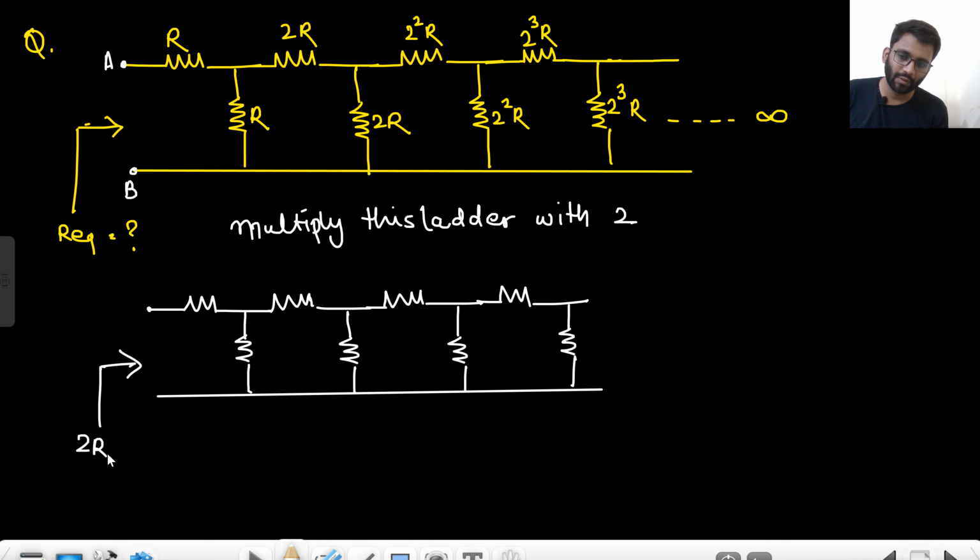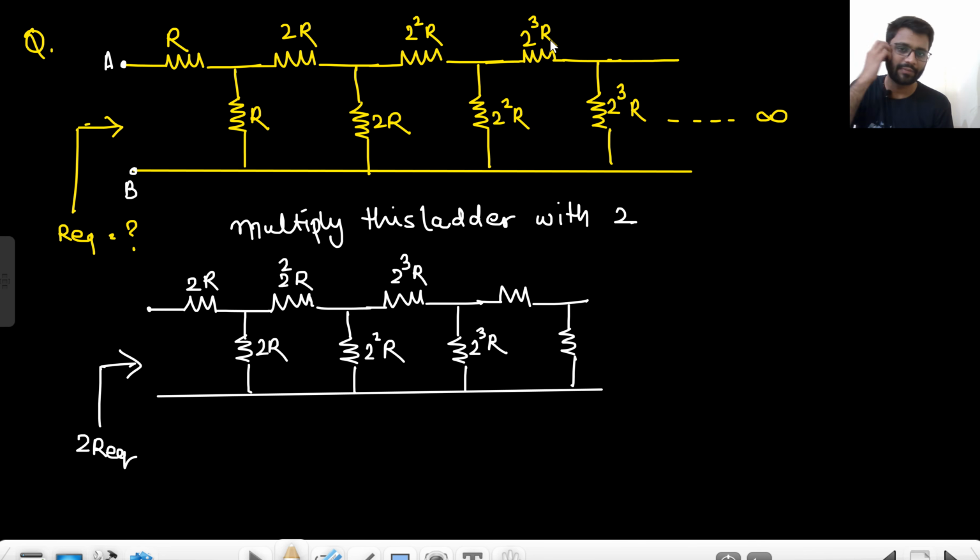It will become 2R equivalent. This will become 2R, 2R, 2 square R, 2 square R, 2 cube R, 2 cube R. Every factor is multiplied by 2. So 2 4R and 2 4R, and it goes on till infinity.